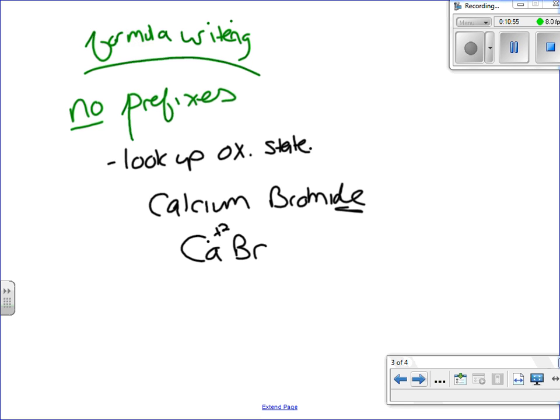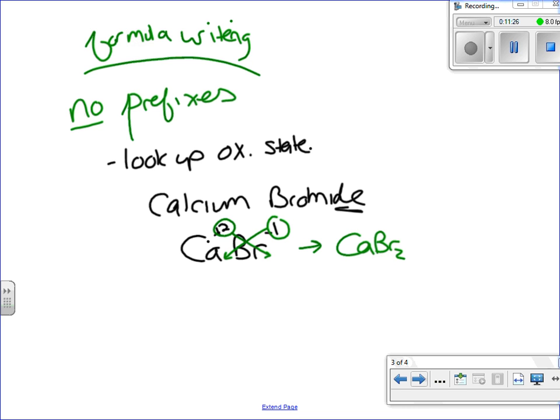Bromine has a couple options, but the top one and the only negative one is -1. Okay? So when you write the formula for this, you take the absolute values of the oxidation states, the top numbers, and you take the 2 and you put it as a subscript for the bromine. Then you take the 1 and you put it as a subscript for the calcium. So this becomes CaBr2. The reason we do that is to make it all neutral. All the positives and negatives cancel out.